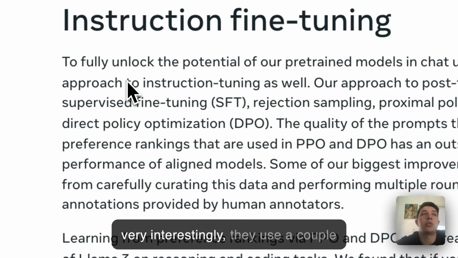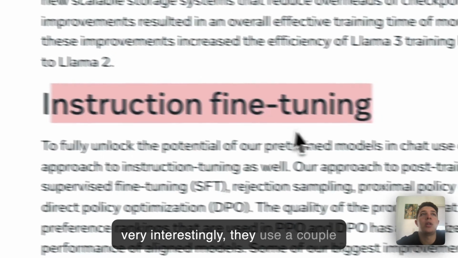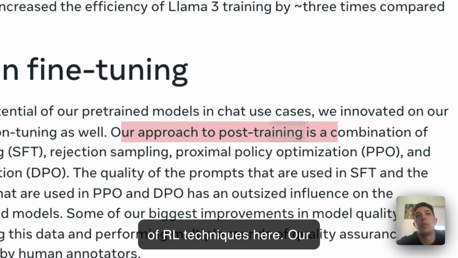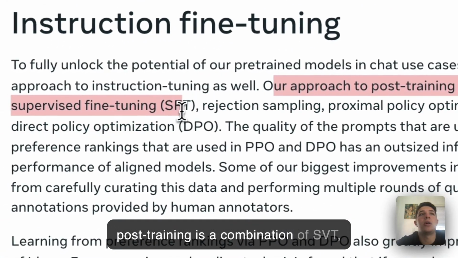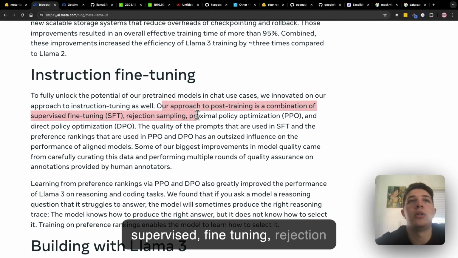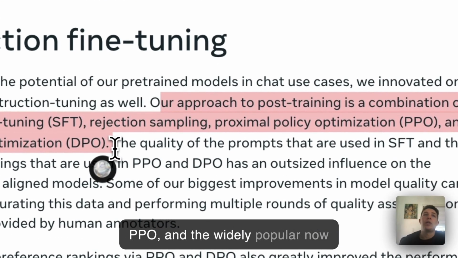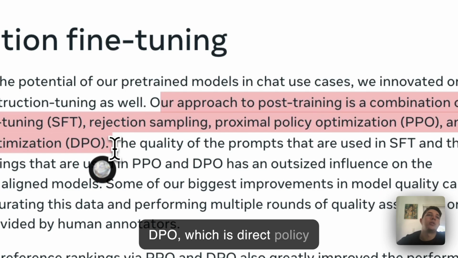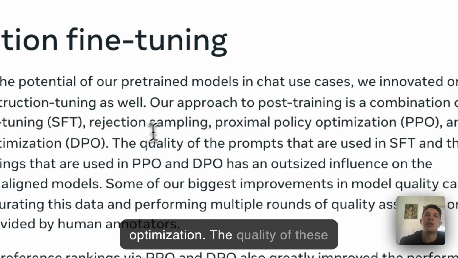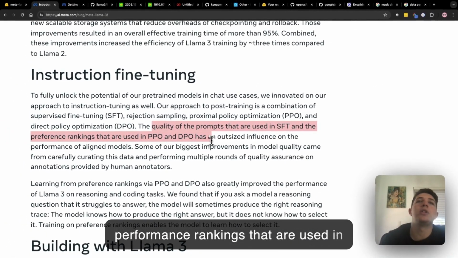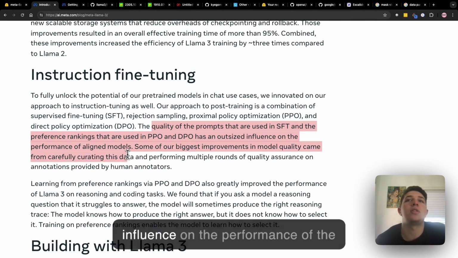Now, very interestingly, they use a couple of RL techniques here. Our post-training is a combination of SFT, supervised fine-tuning, rejection sampling, proximal policy optimization, PPO, and the now widely popular DPO, which is direct preference optimization. The quality of the prompts that are used in SFT and the preference rankings that are used in PPO and DPO has an outsized influence on the performance of aligned models.